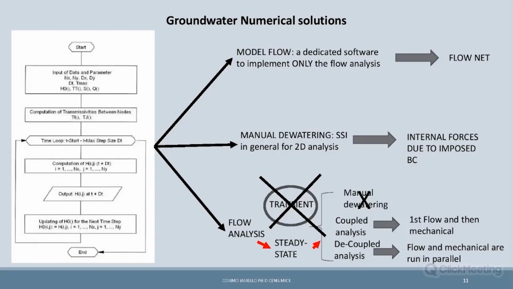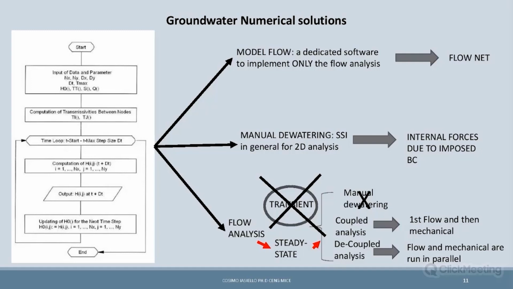Okay. After that, this is really a high-level introduction, because at the end of the day, everyone here knows about groundwater. Let's go with the numerical solution. Clearly, we have three possible approaches towards the groundwater.